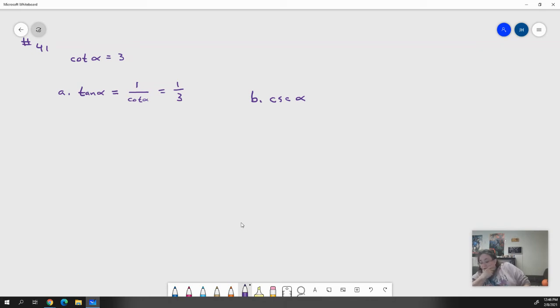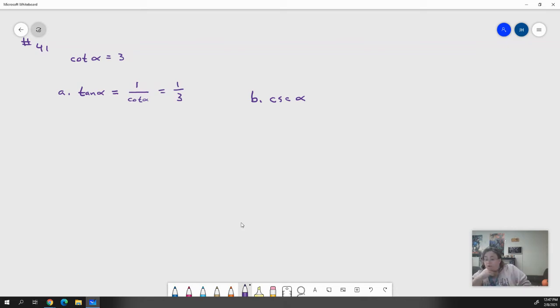And so what I want to do is I want to look at my trig identities that involve cotangent and cosecant, that have both of those in the same expression.